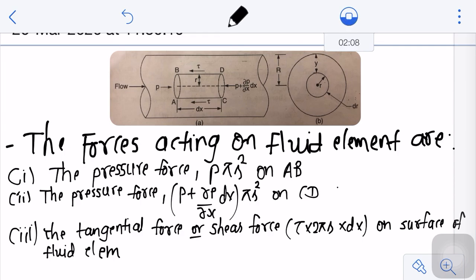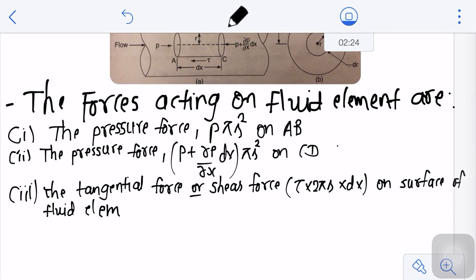The other force acting on this fluid element is the tangential force, also termed the shear force. As we know, this fluid flow is moving in terms of layers, and viscous flow has very little velocity, so the fluid slides relative to the adjacent layers, and due to this, tangential or shear stresses are developed in a moving fluid.